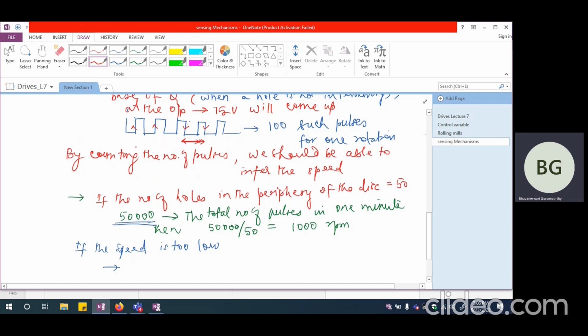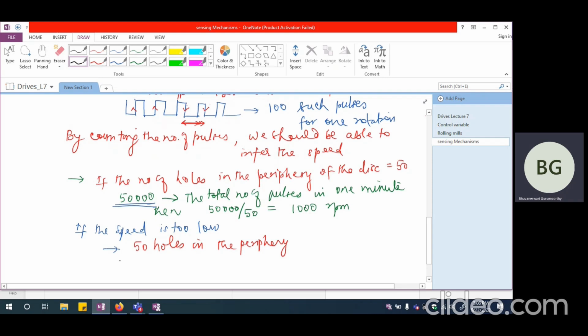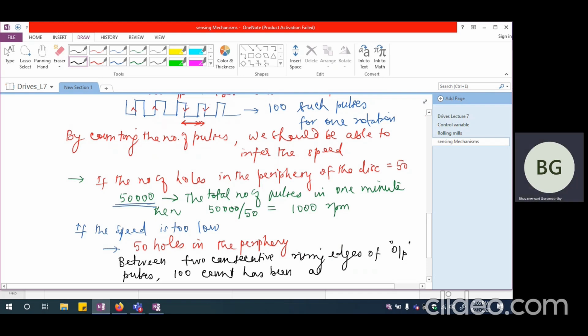then I should be able to say, if so many pulses of 1 kilohertz are coming between two consecutive falling edges, and there are, let us say, 50 holes again in the periphery, and between two consecutive rising edges of output pulses, a 100 count has been achieved with a 5 kilohertz pulse.